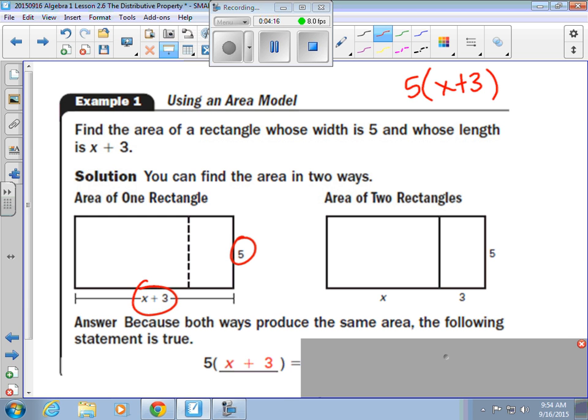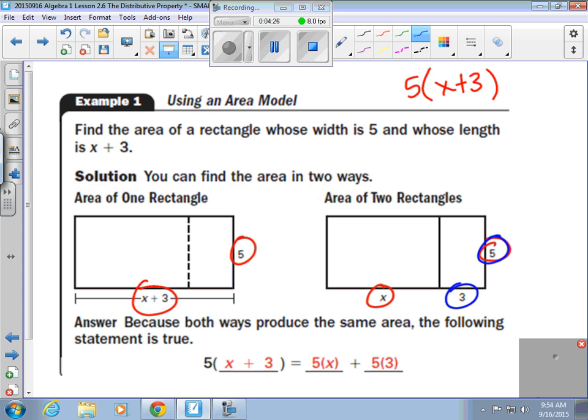What that means is 5 times x plus 5 times 3. That's what's here. Or this area here plus this area here. And that's why the distributive property works.